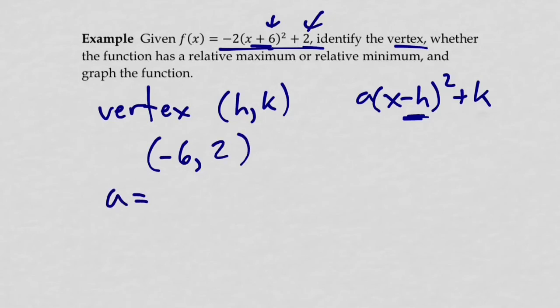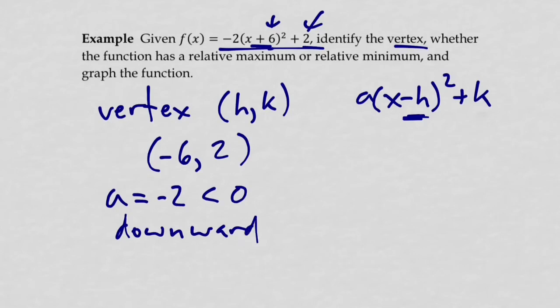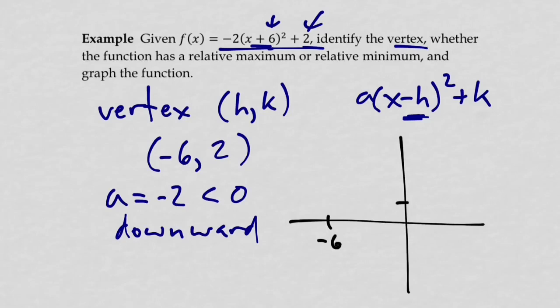Since a is equal to negative 2, which is less than 0, I know the graph is going to face downward. Now to create a quick sketch of the graph, we can simply plot the vertex, (-6, 2), and then since it opens downward, we can make a U-shaped graph that opens downward.